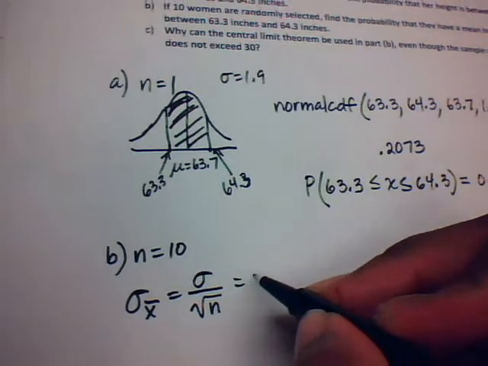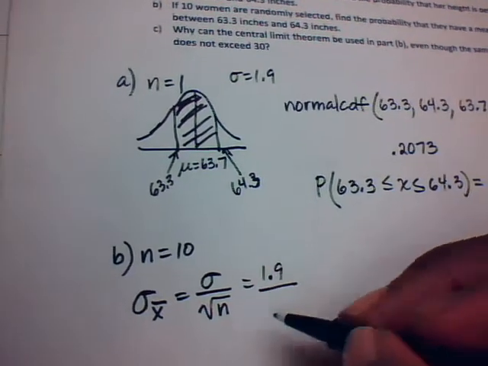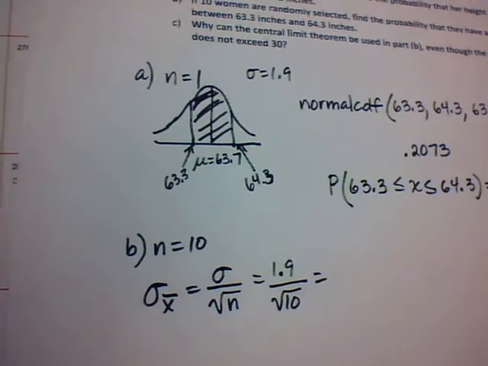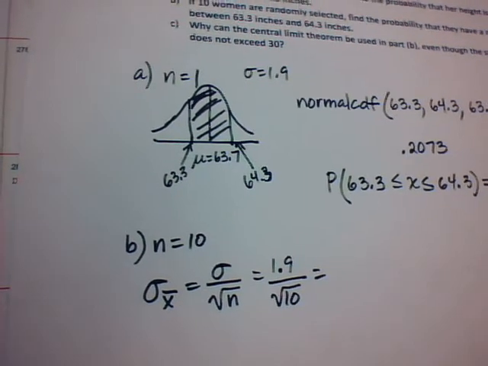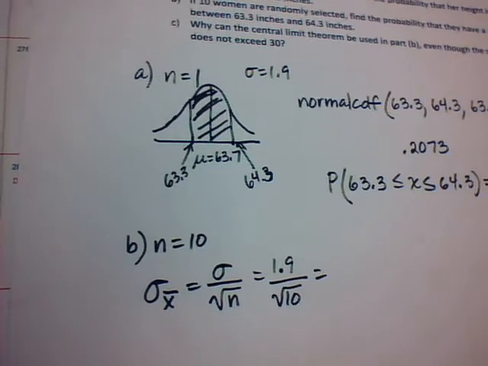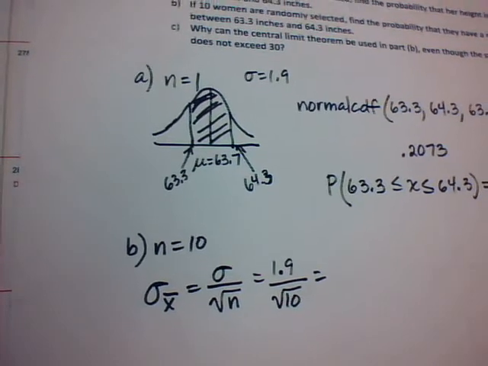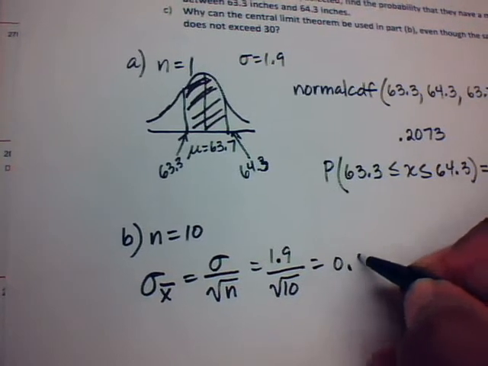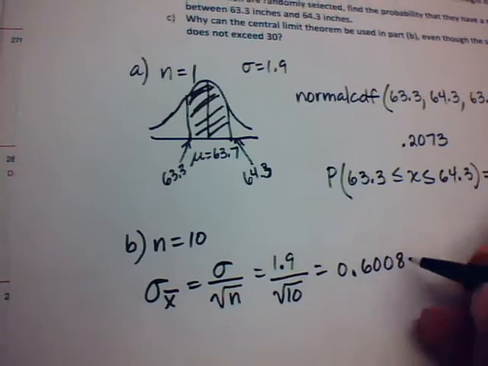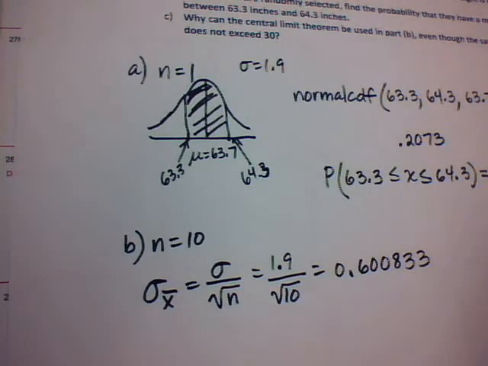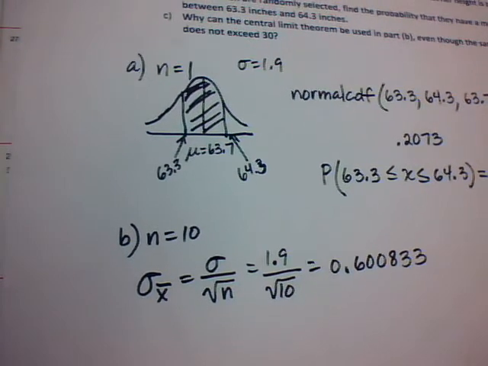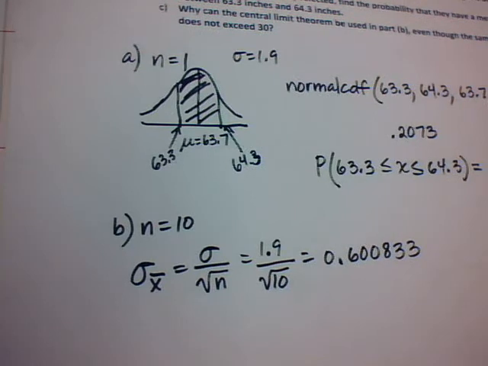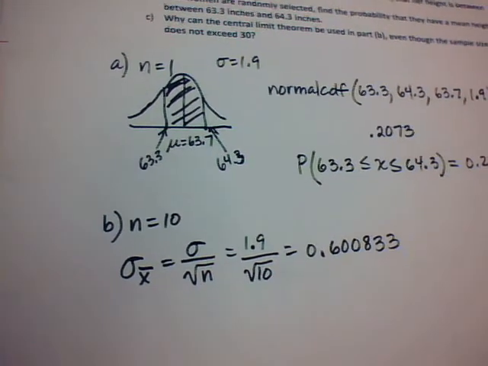So sigma was given to us as 1.9, and n is 10, so we do square root of 10. So 1.9 divided by the square root of 10 is going to be 0.600833. And I'm rounding this off to 6 decimal places. I'm trying to use as many decimal places as I can in order to come up with an accurate answer.